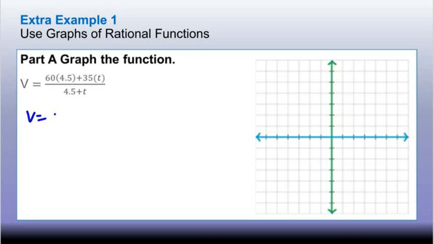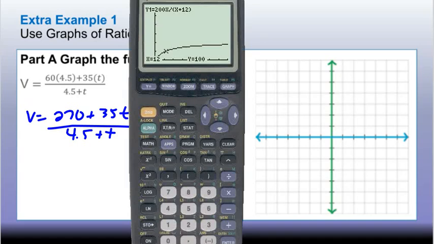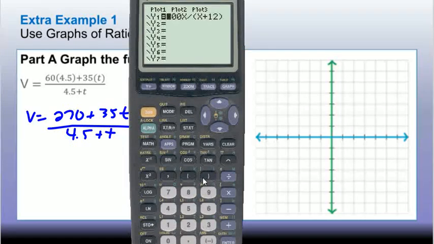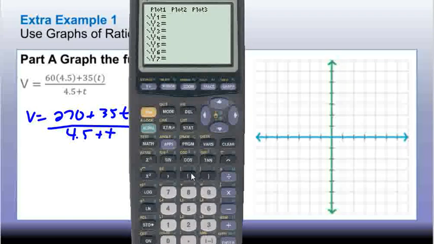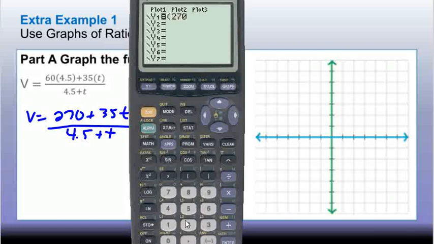So this would be 270 plus 35t all over 4.5 plus t. Now we'll grab our calculator. We'll put that in there. So 270 plus, actually, let me put that in parentheses. So we have parentheses 270 plus 35x, and parentheses, divide that by parentheses 4.5 plus x.